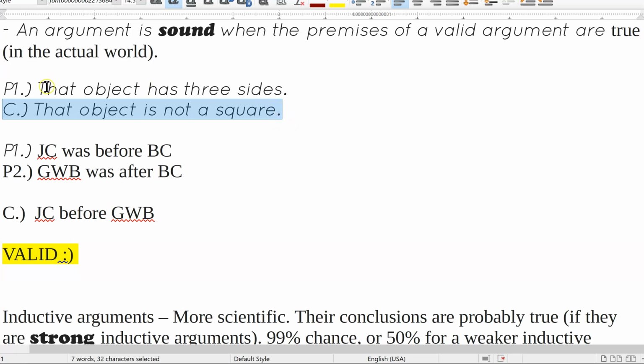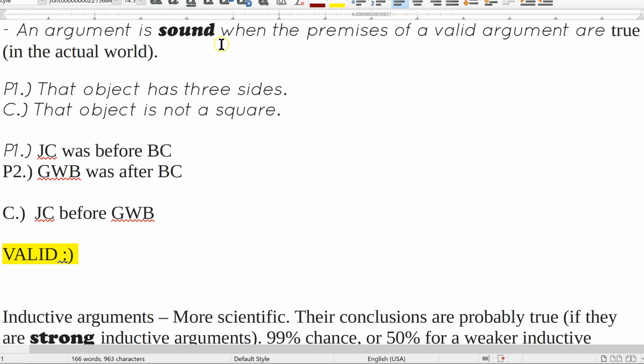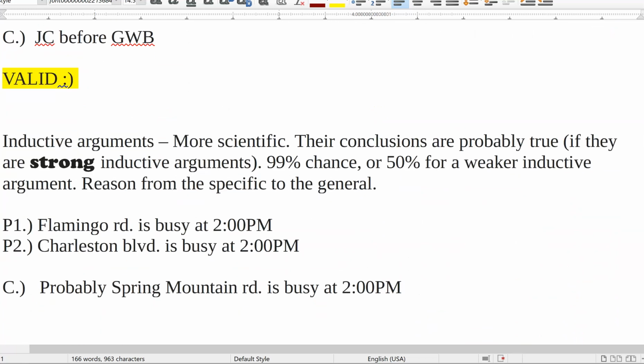Okay, so don't worry about changing it in your notes. It's absolutely fine. Both were fine deductive arguments. The point I want to make here is that with deductive arguments, it's certain, right? The conclusion follows from the premise 100%. There's no way out of it. Whereas, if it's valid, there's no way out of it.